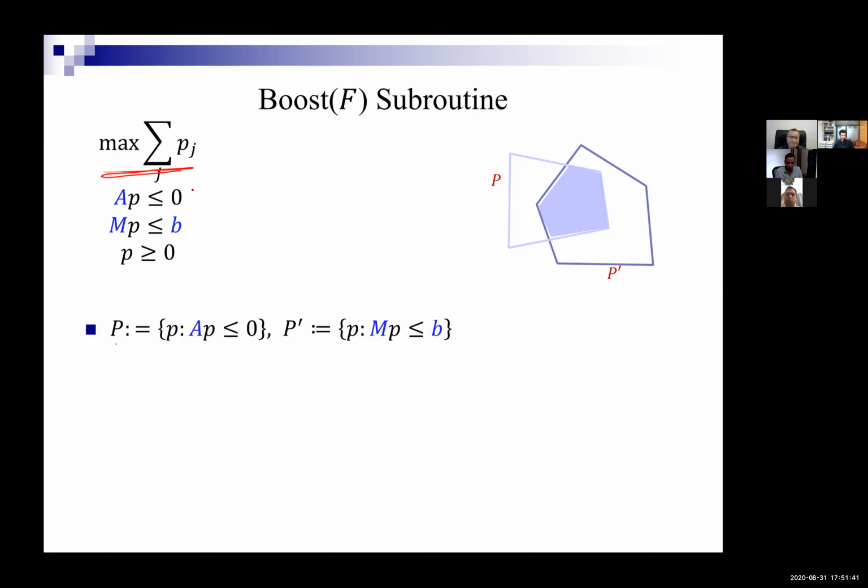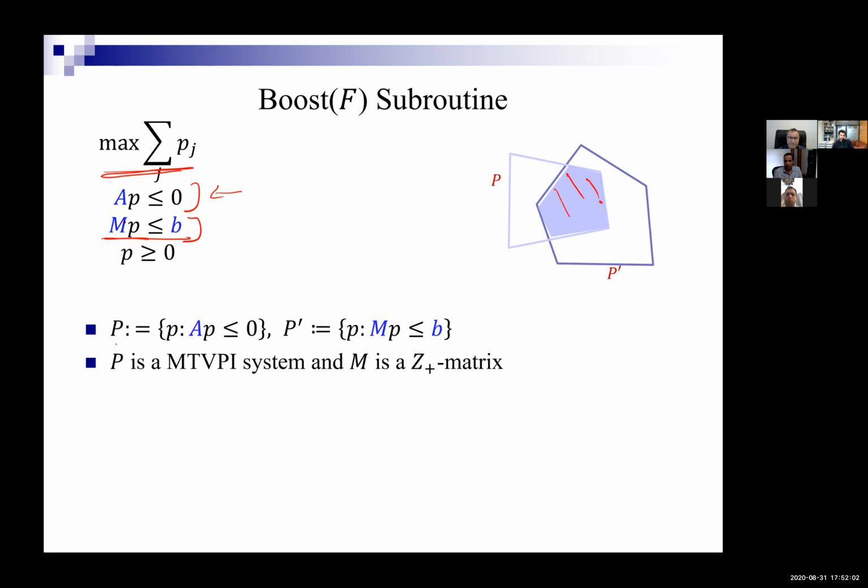P is the first polytope and P prime is the second polytope. We want to optimize the summation of prices on this intersection. P is a monotone BPI system, as I just showed you, and M is a Z plus matrix.